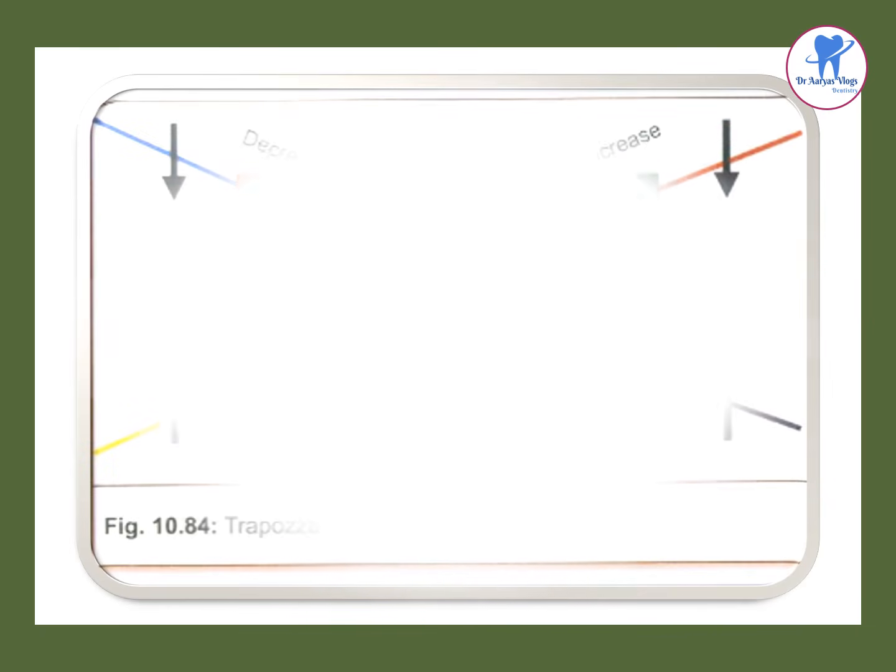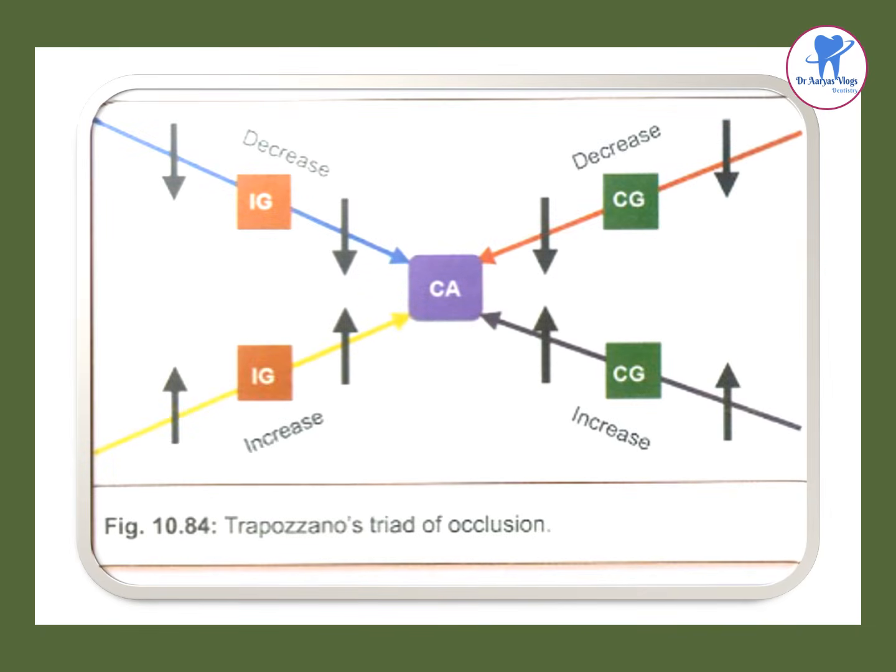Okay. Next one is the Trapezius concept of occlusion. He reviewed and simplified Hanau's factors or Hanau's quint and proposed his triad of occlusion. According to him, as the name suggests, only 3 factors are necessary to produce the balanced occlusion.